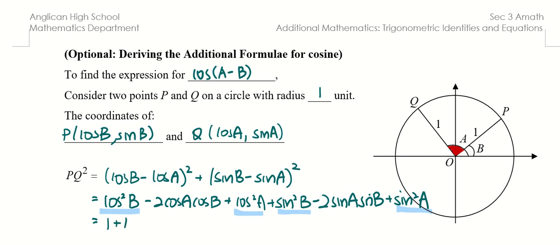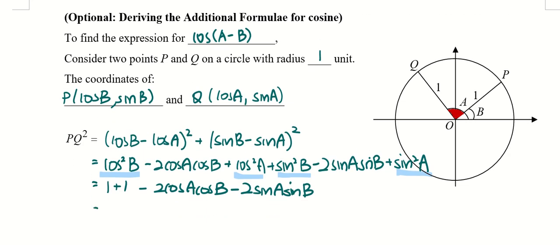So 1 plus 1 minus 2 cosine A cosine B minus 2 sine A sine B. So with that in mind, you will get 2 minus 2, factoring out the 2, cosine A cosine B, this is plus. Why? You factor out negative 2, plus sine A sine B. So we have the final expression for PQ square under the distance formula.